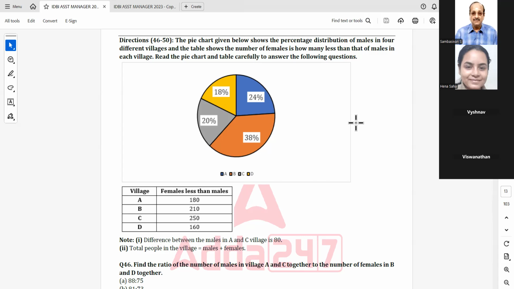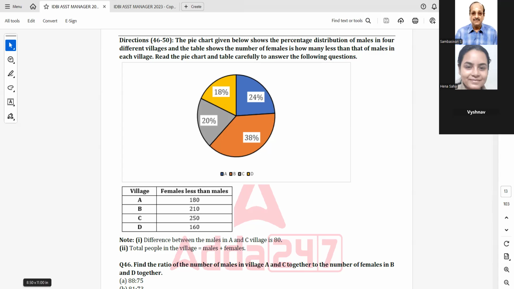Then population of D is 360 plus 200 females, 560. I am getting the total population as 3,200. I don't know whether this data will be needed or not, but still I have arrived at 3,200. Correct?